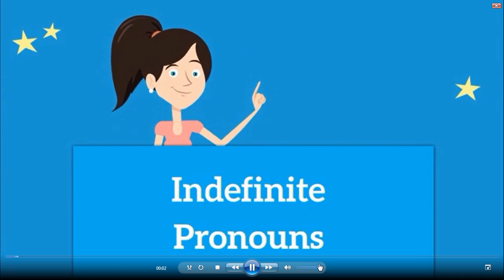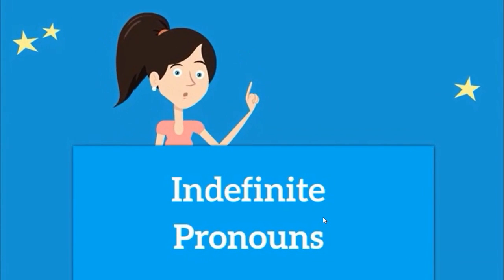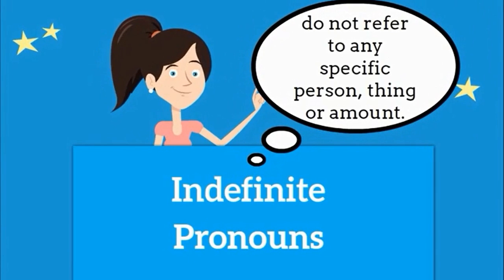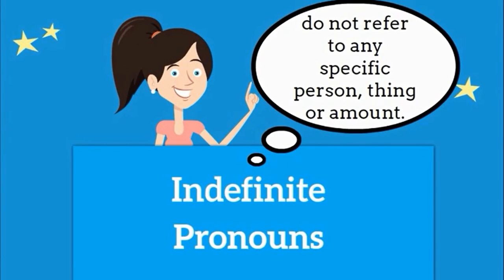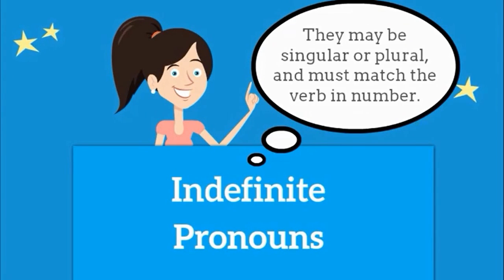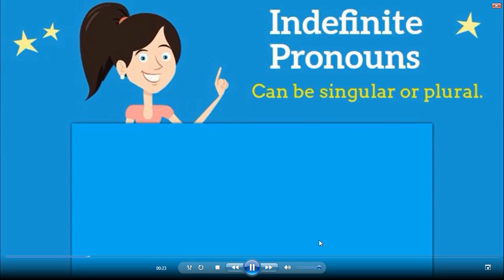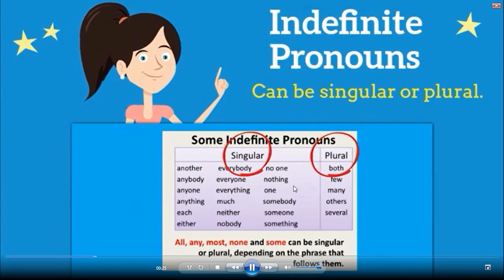This tutorial will cover indefinite pronouns. As the name suggests, indefinite pronouns are pronouns that do not refer to any specific person, thing, or amount. In other words, they are not specific in which noun they replace. They may be singular or plural and must match the verb and number. Some typical indefinite pronouns are singular and some are plural, as you see on the chart.